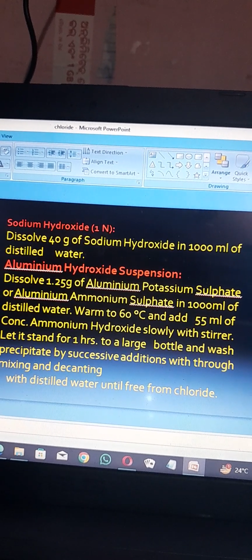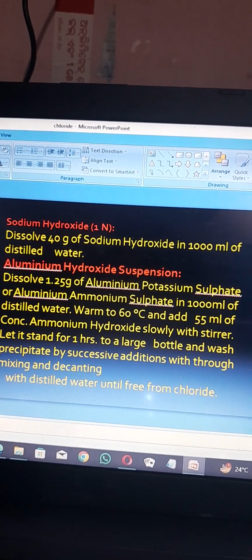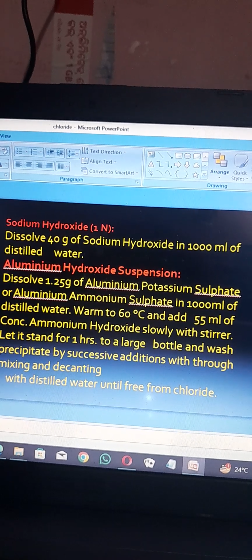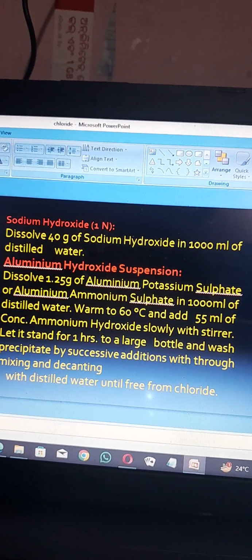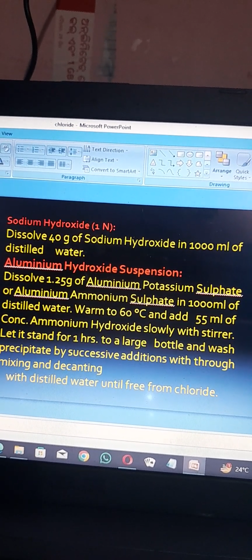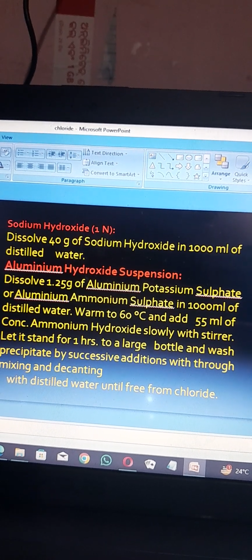Then we have to prepare aluminum hydroxide suspension. For this we have to weigh 125 gram of aluminum ammonium sulfate in 1000 ml of distilled water.